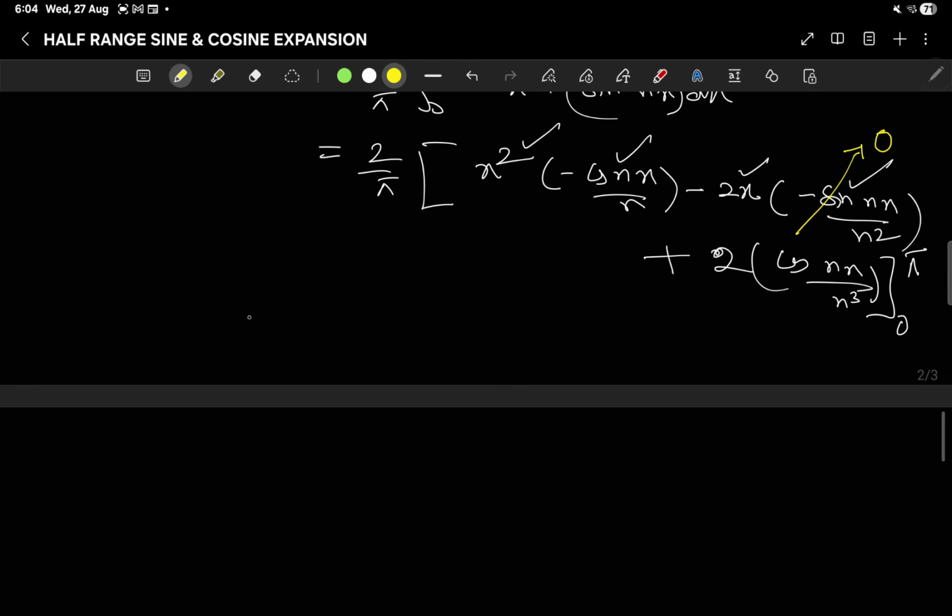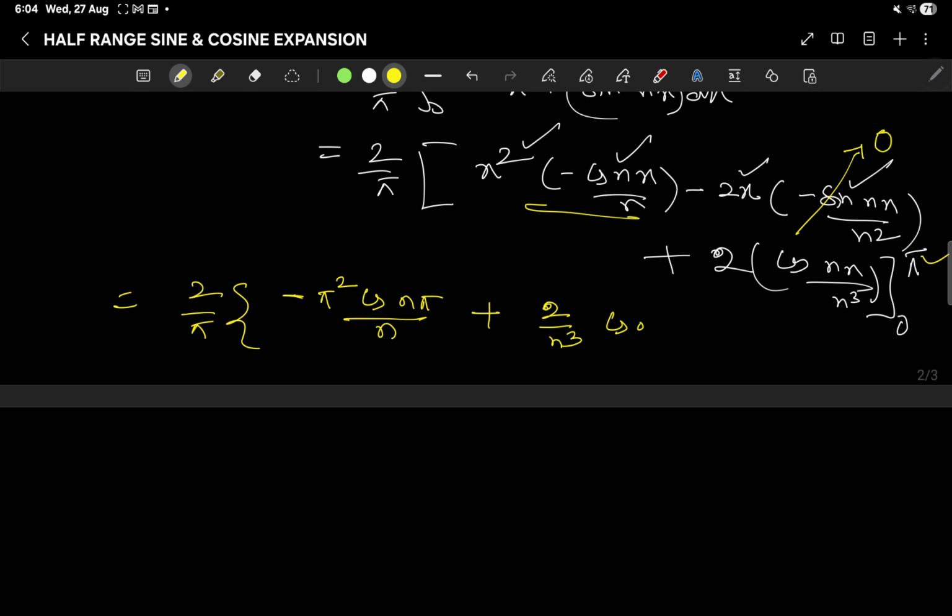So now if you simplify it, it will be 2 by pi, substituting pi here, it is minus of pi square cos n pi by n. Then here 0 will not work for this first term. Coming to the second term, putting pi here, it is 2 by n cube cos n pi, and putting 0, it is 1, cos 0 is 1. So it will be here 2 by pi, cos n pi is minus 1 to the power n.